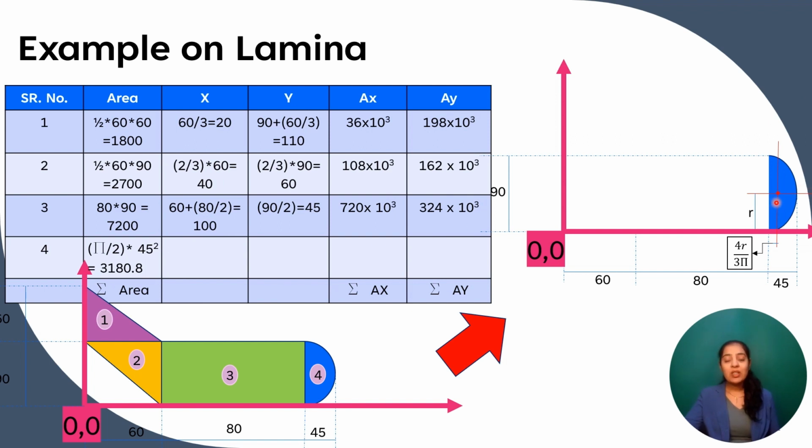Then what is the x coordinate of CG of this semicircle? We already saw the formula for CG of the semicircle. Let's apply that. But wait, don't forget this distance from the origin. So it will be 60 plus 80 plus 4r by 3 pi.